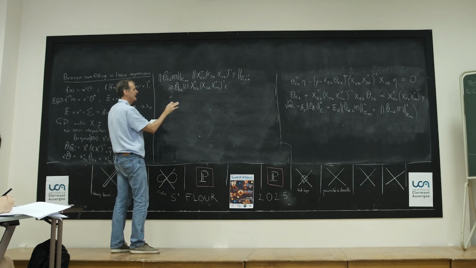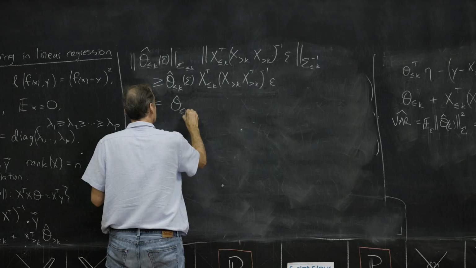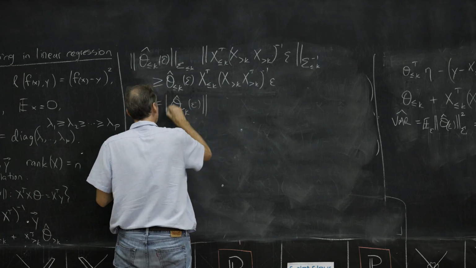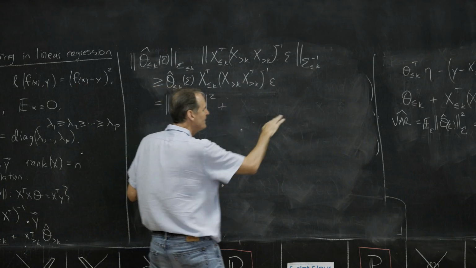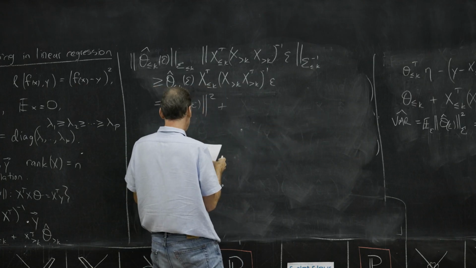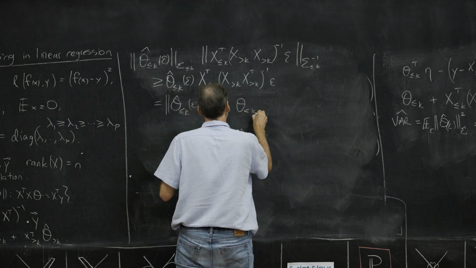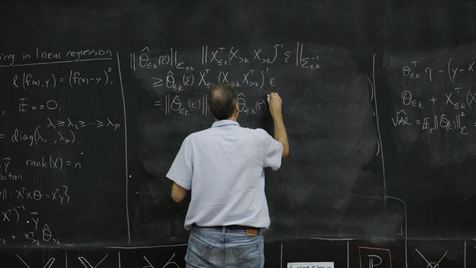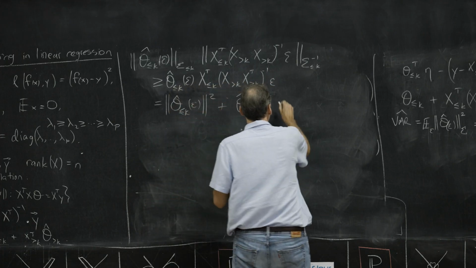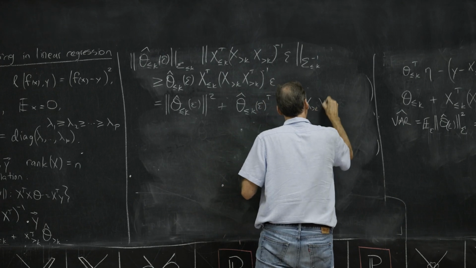So on the left we get theta hat, more than k, epsilon norm squared. And then the other piece is a kind of quadratic form involving theta hat less than or equal to k epsilon. So we get x less than or equal to k transpose this thing.